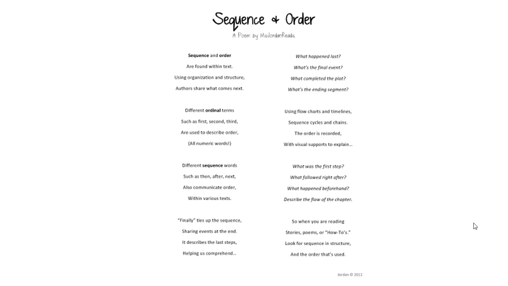What's the ending segment? Using flowcharts and timelines, sequence cycles and chains, the order is recorded with visual supports to explain what was the first step, what followed right after, what happened beforehand, describe the flow of the chapter. So when you're reading stories, poems, or how-tos, look for sequence and structure and the order that is used.